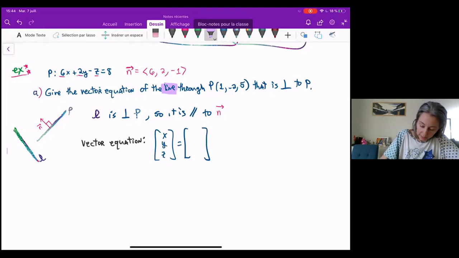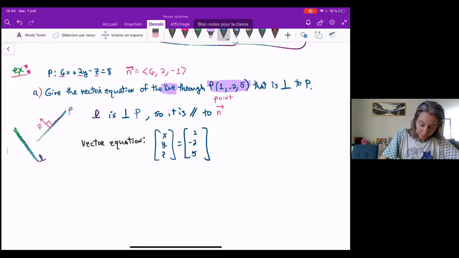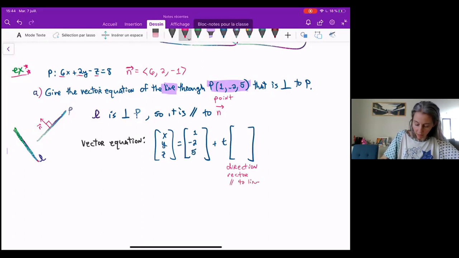Notice I have a point. I'm given my point. My point is (1, -2, 5). So I'm given my point, (1, -2, 5), plus t. And what I need here is a direction vector.